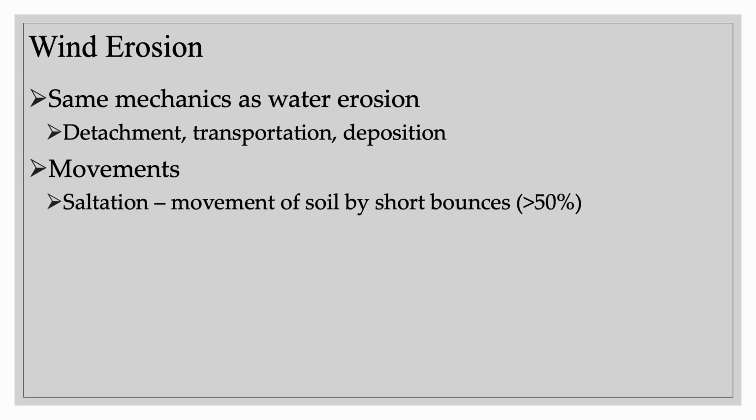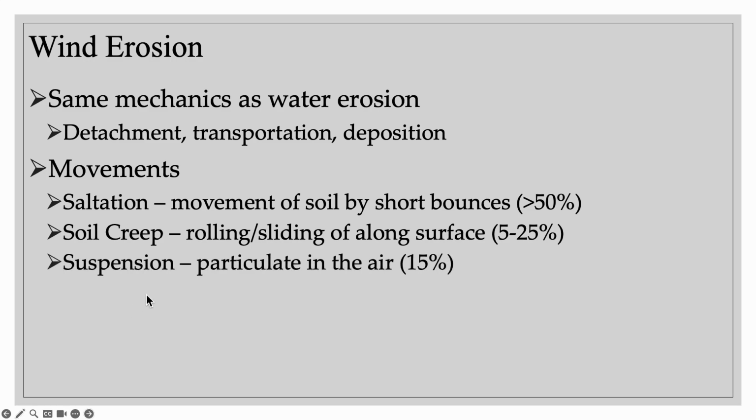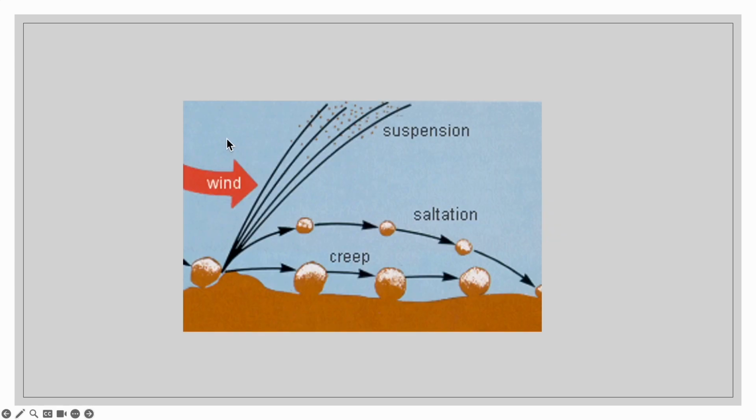And so these movements are saltation, soil creep, and soil suspension. All right, so we have wind that has some saltation.